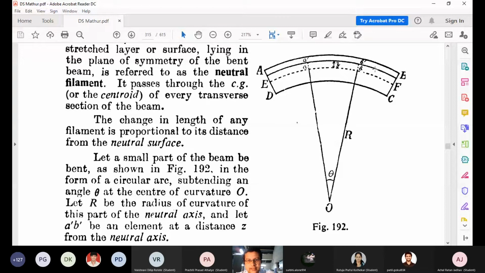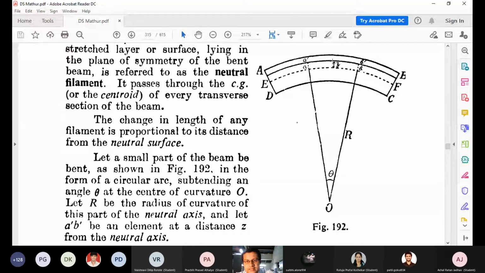Suppose AB is the length of this neutral surface, and there will be a change, AA prime, and BB prime. On some other filament, A prime B prime, there will be another change.